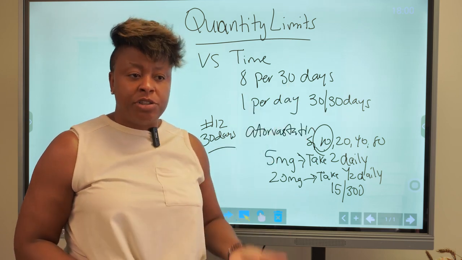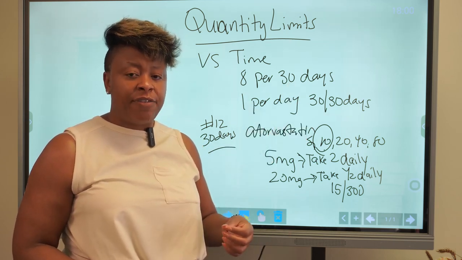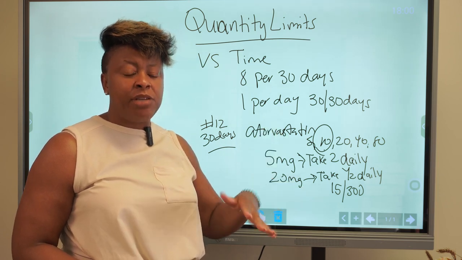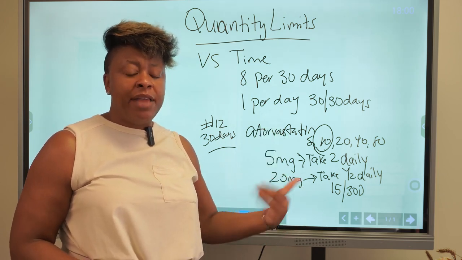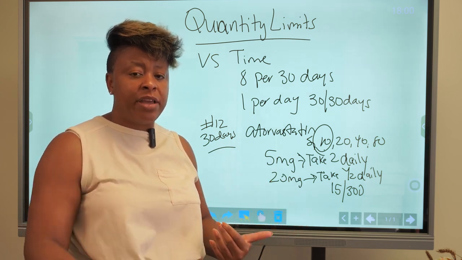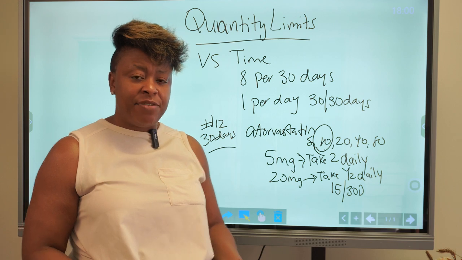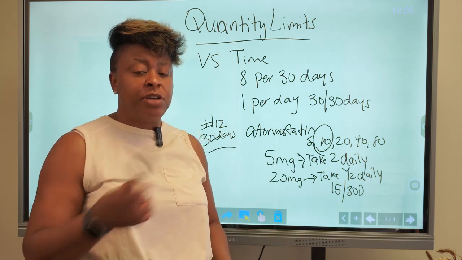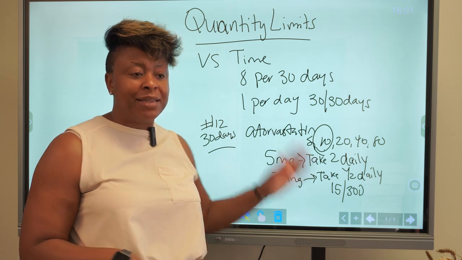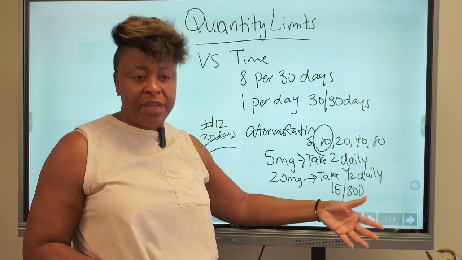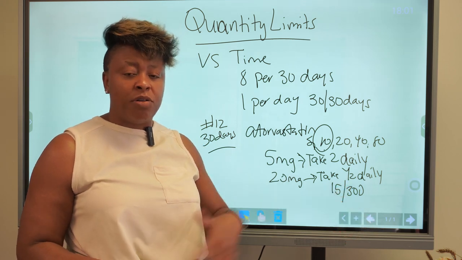What you can do so that you have medicine in hand is tell the pharmacy to just bill for the 8 for the 30-day supply. You take that 8 and go home, and then you have some medicine on hand. And if you know that you're going to need the other 4, you can have the physician's office start the quantity limit exceptions process so that you can go back later and get the other 4. But at least with a quantity versus time edit, you can walk out with something in your hand while they work on getting you the rest.